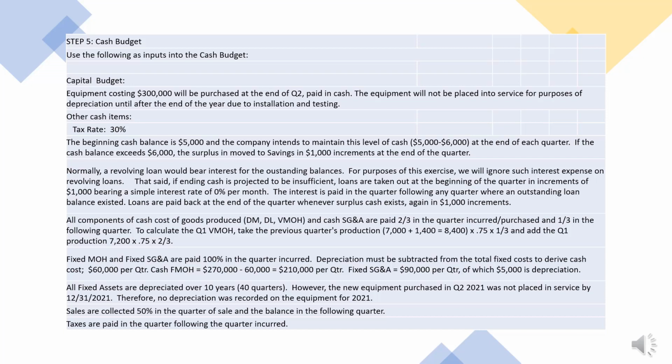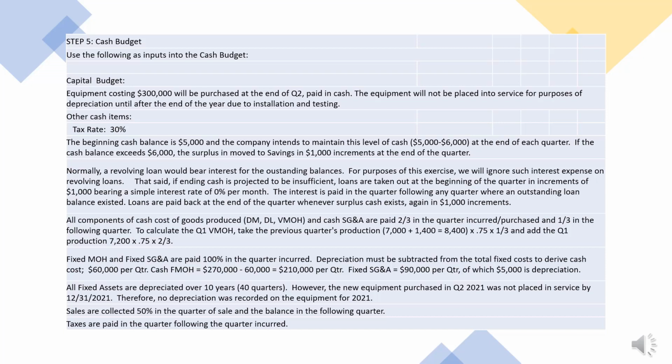Depreciation must be subtracted from the total fixed cost to derive cash costs. So, in the area of fixed manufacturing overhead, remember we charge $60,000 per quarter. So the cash fixed manufacturing overhead is $270,000 minus that $60,000 in depreciation, or $210,000 per quarter.